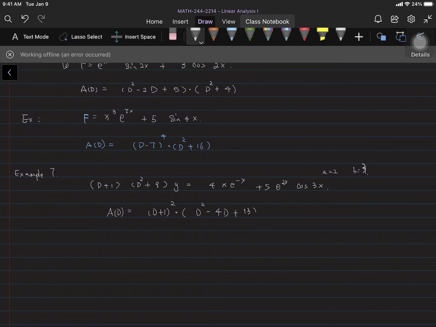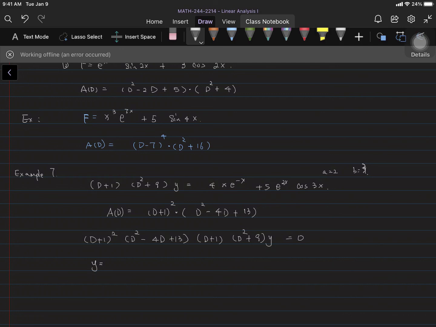Okay, so this is the annihilator to the right side, capital F. So we multiply this on both sides: D plus 1 squared, D squared minus 4D plus 13, times D squared plus 9 applied to y, and the right side becomes 0.